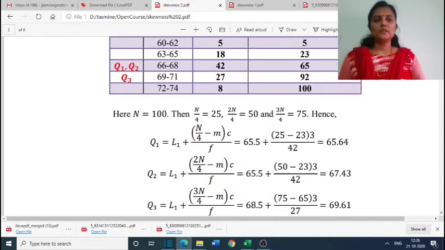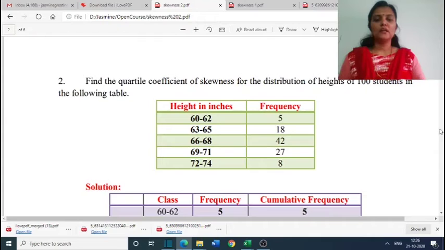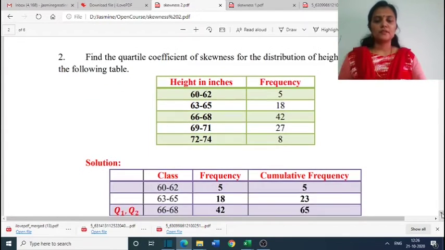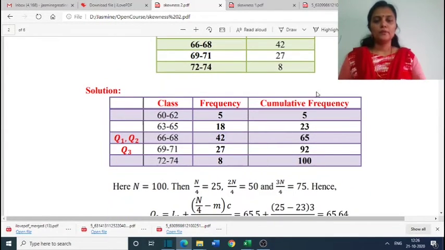Now the solution is, we have to find the cumulative frequency first. So 5, next 5 plus 18, 23, 23 plus 42, 65, 65 plus 27, 92, 92 plus 8, 100. Therefore n is equal to 100, n by 4 is equal to 25, which lies between 23 and 65.